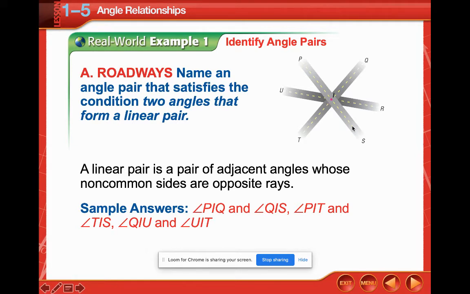There's also PIT and TIS, and also QIU and UIT. All good ones. Remember, a linear pair is when you have a straight line and two angles that share another line off it.